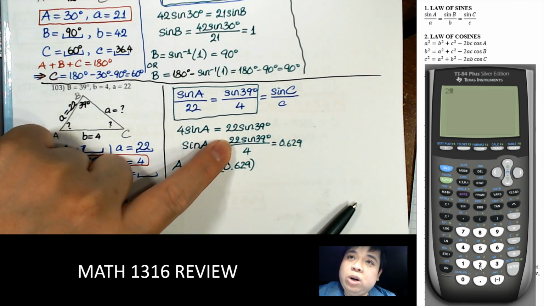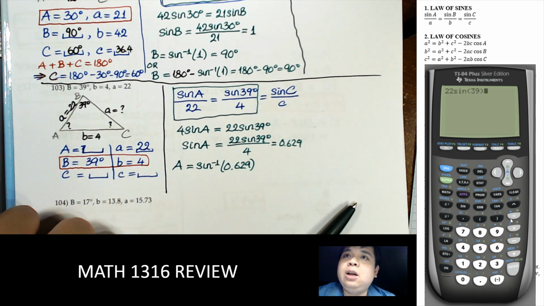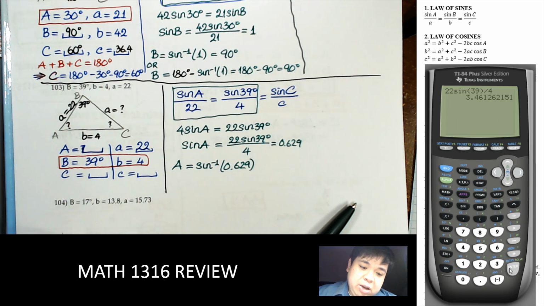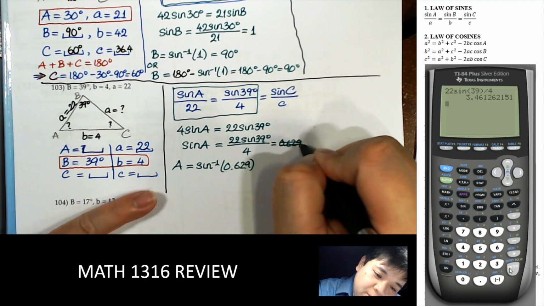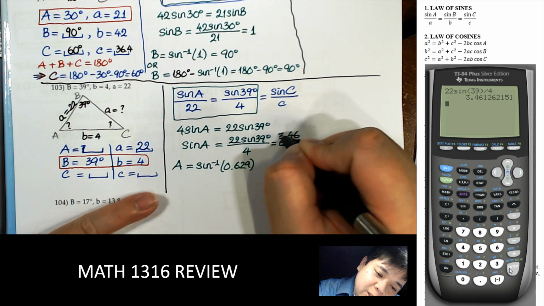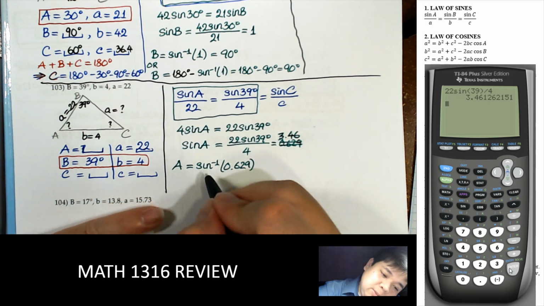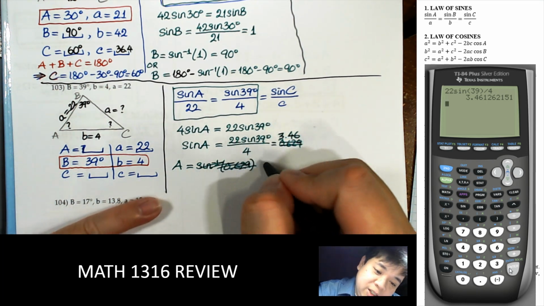Again, 22 sine of 39 degrees divided by 4. Sorry, I put 4 and 4. So I have 3.46.